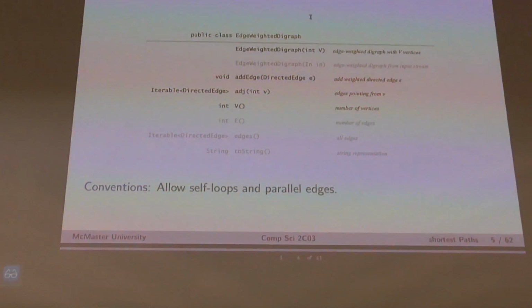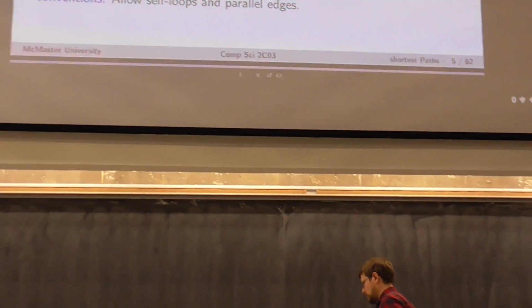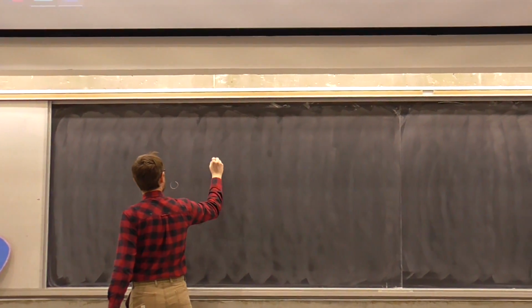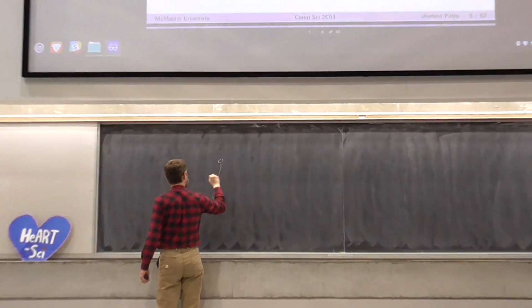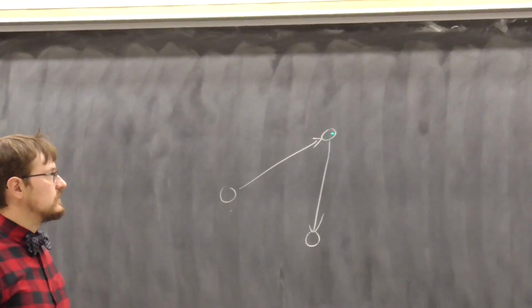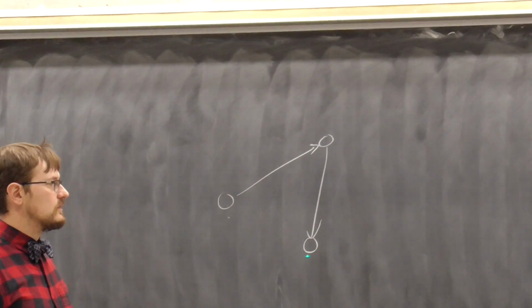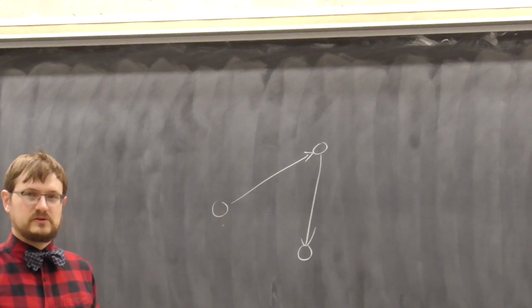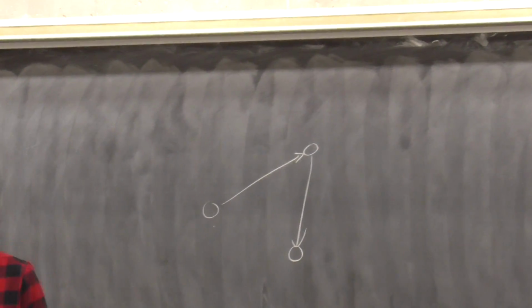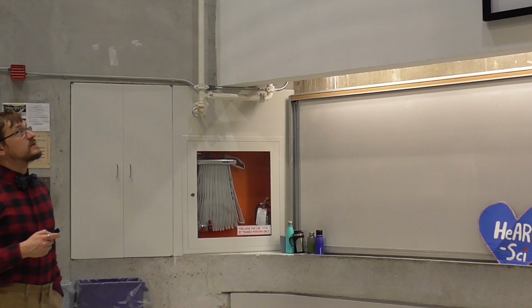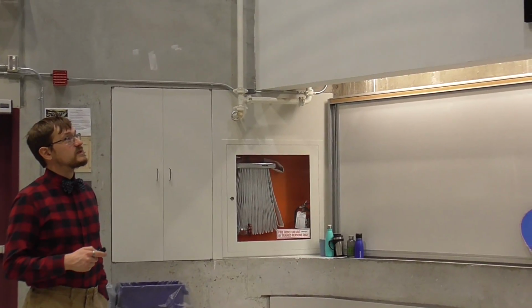And remember, of course, that in digraph land, if you have a graph looking like this, this point is adjacent to this one, but this one is not because the arrow is in the wrong direction, right? It's just where you go to next. That's what adjacency means in a digraph. So, edge-weighted adjacency list representation, of course.